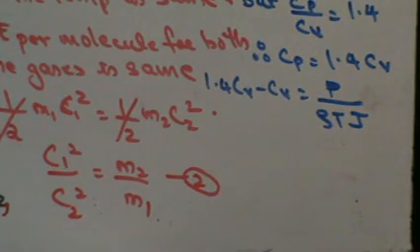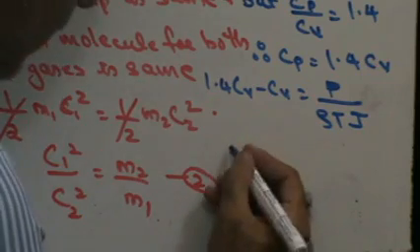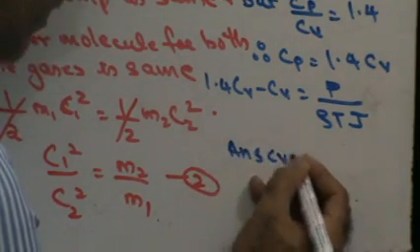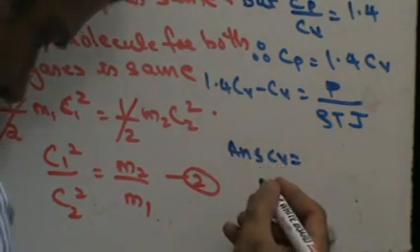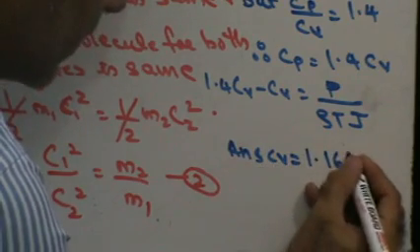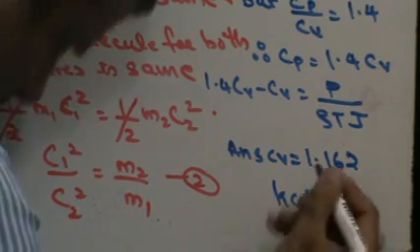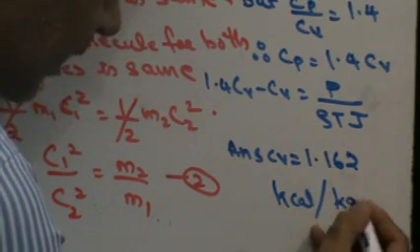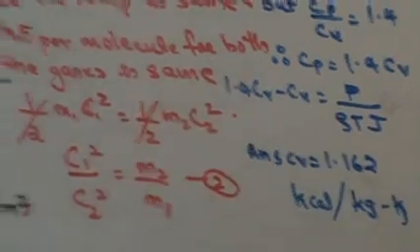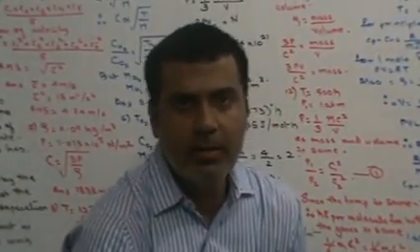Right? Now you should be able to find the answer. When you solve this equation, Cv will come out to be 1.162 kilocalories per kg Kelvin. Right? Okay, we'll stop this here for the day. Thank you very much.